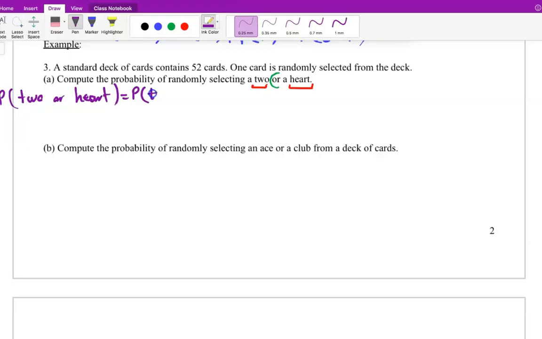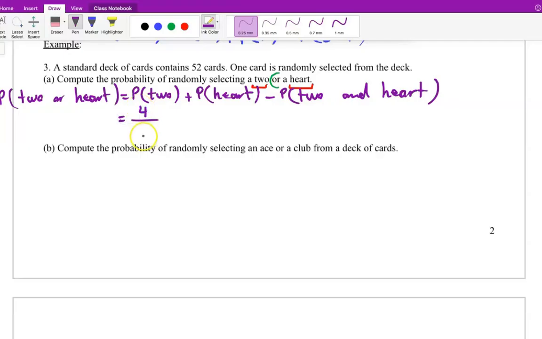So probability of 2 plus probability of heart. And after that, you should subtract the probability of 2 and heart. So that is equal to, how many 2s do we have?